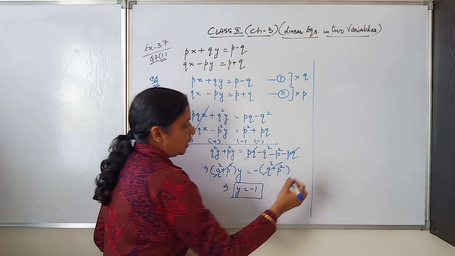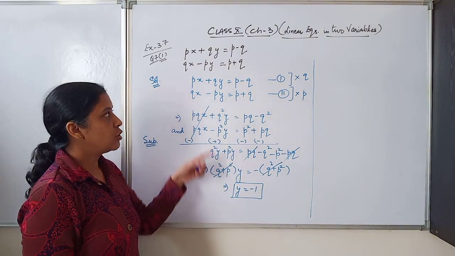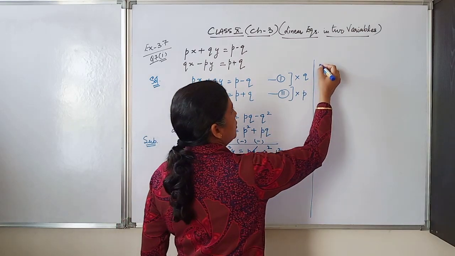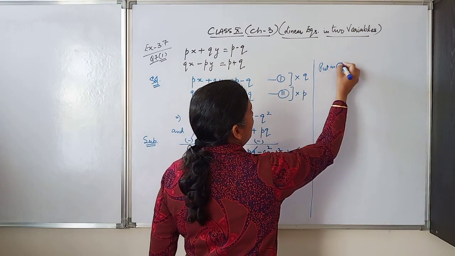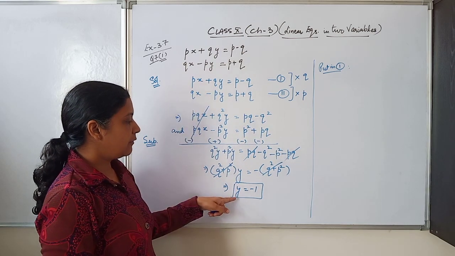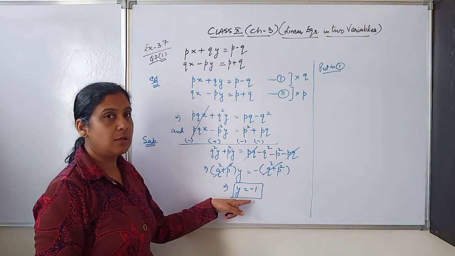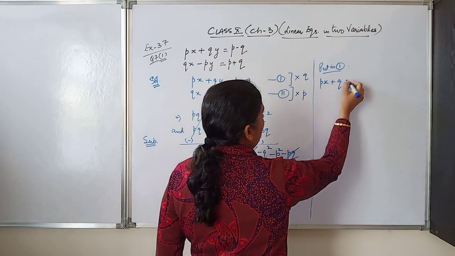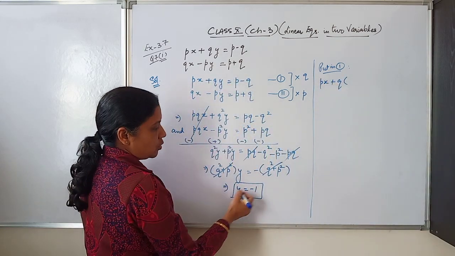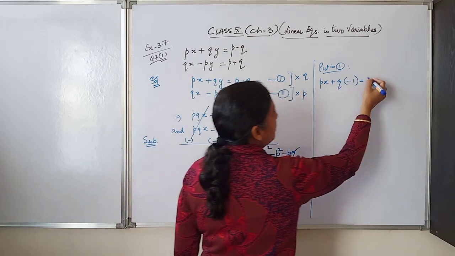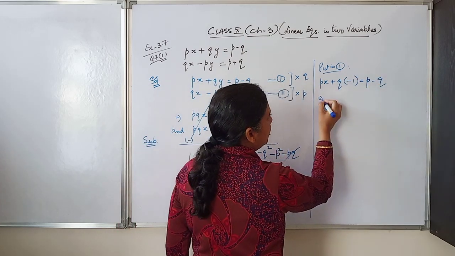When you get any one variable, you have to put it back in any of the equations given. So I am going to put this value in number 1 equation. Wherever I find y, I will replace it with minus 1. Let's start. px plus q into y, so y is to be replaced by minus 1, is equal to p minus q.